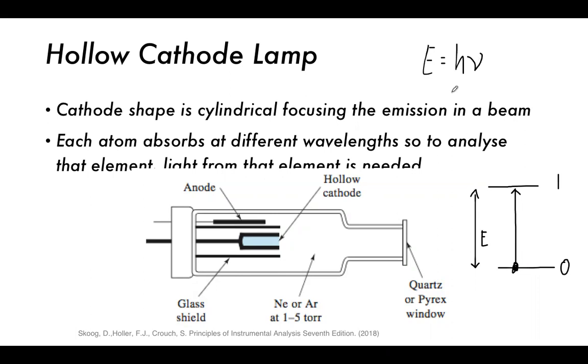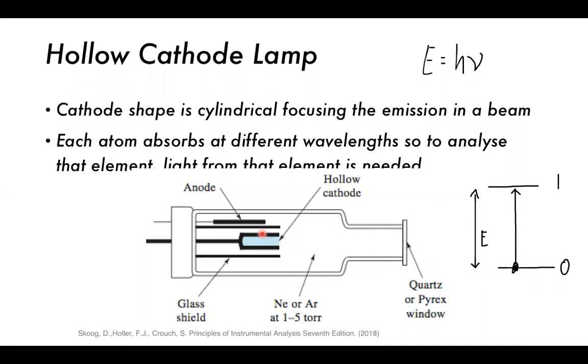And so if we have a hollow cathode lamp, this produces light of a specific wavelength to that element. And so we can measure only that, or we can measure specifically that element. So say, I don't know, let's just ballpark figure 400 nanometer light for an iron atom.